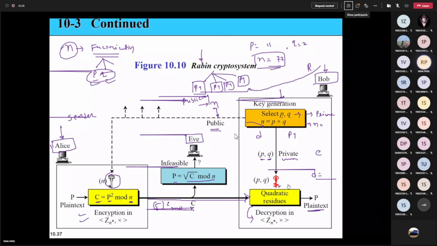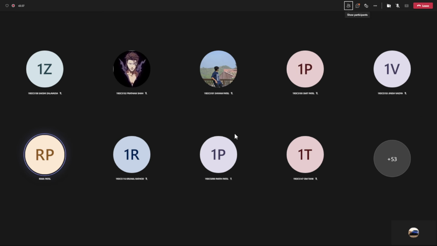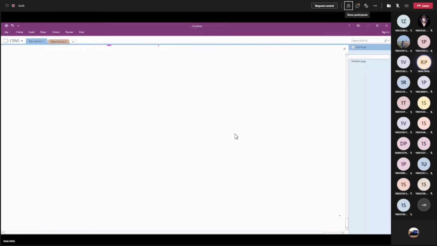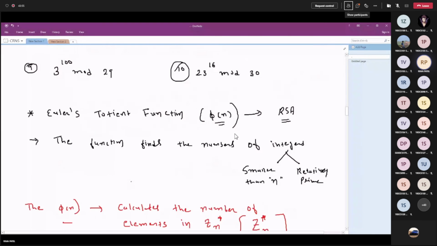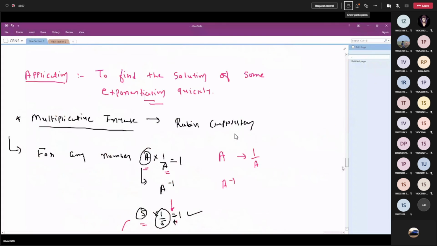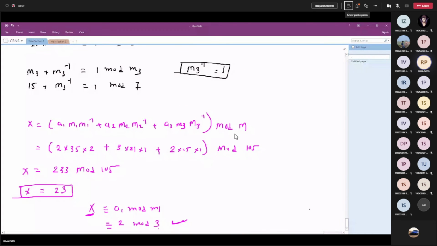So now we will write the algorithm, and then we are going to discuss the example. Let me just choose OneNote again. Yes, here it is.